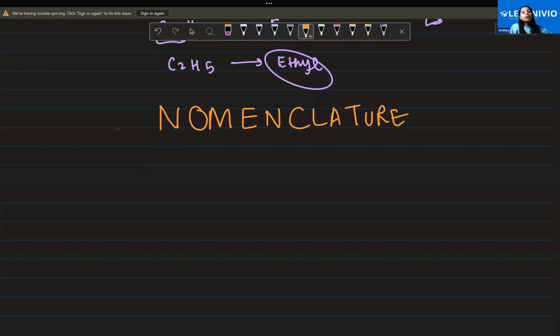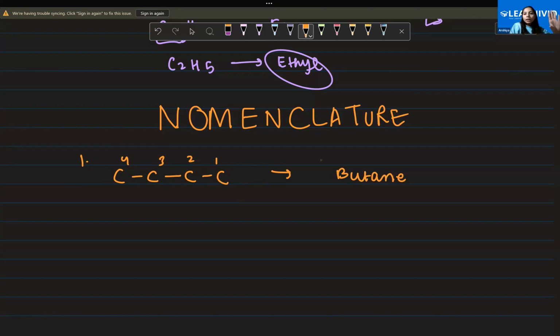Till now, when you had 1, 2, 3 and 4 carbons in a chain, you were counting the number of carbons, and you said the root name is but, and there is no double bond, so I'll write it as butane, right? That's what you were doing till now.